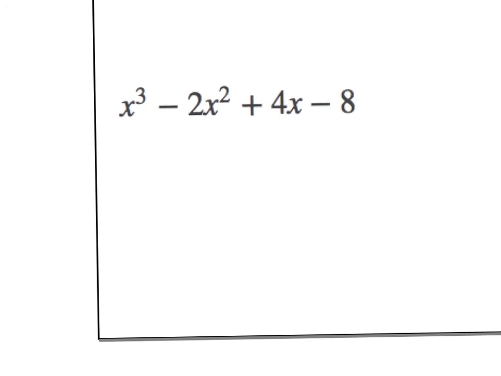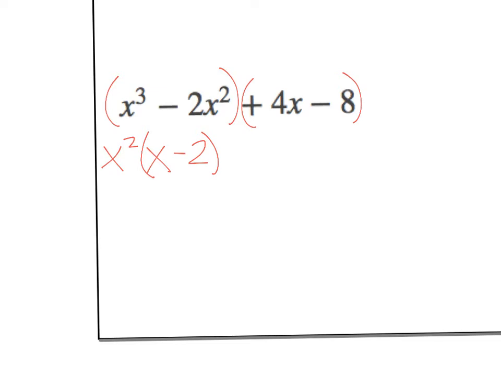All right, we're going to do the same thing here. So again, we're grouping first two, then the second two, and then greatest common factor. All right, so I can factor out of this an x squared, leaving me with x minus 2.